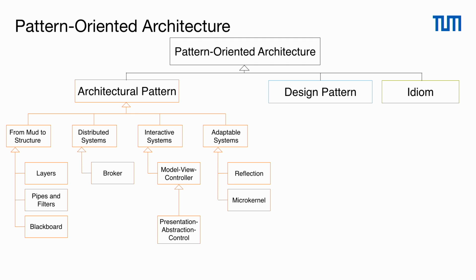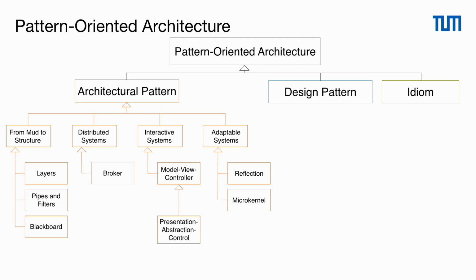So each subsystem is represented by a layer of abstraction, and pipes and filters. Each subsystem is a specific processing step formulated as a filter, and these filters are connected by pipes. Regarding the blackboard pattern, the subsystems represent knowledge experts who work together to solve a problem where there is no known solution strategy for it.